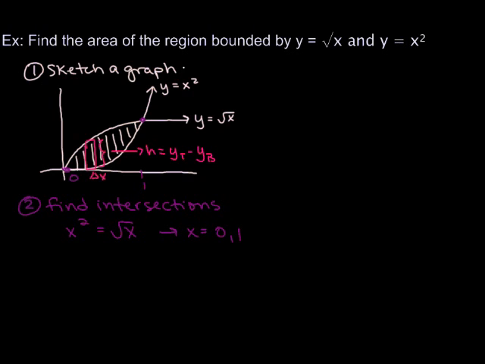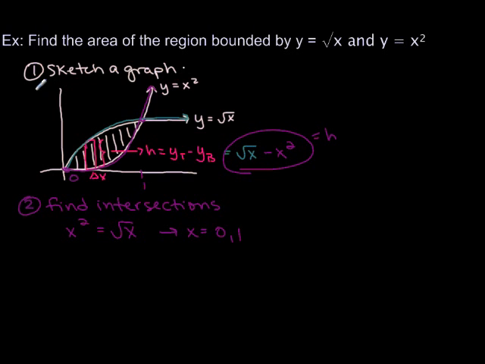And y top in this case is this function here, which is our square root of x, and our y bottom, this function here, is our x squared. Okay, so this will give us our height.